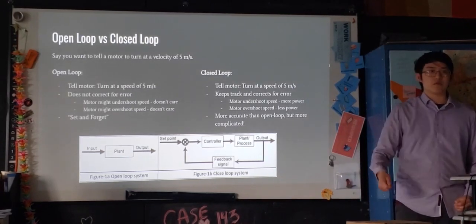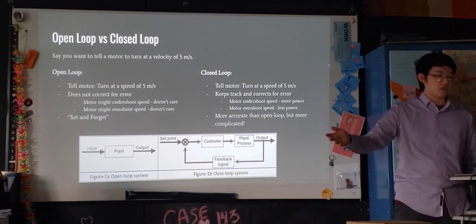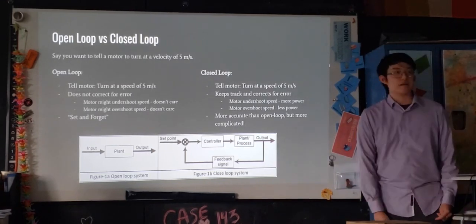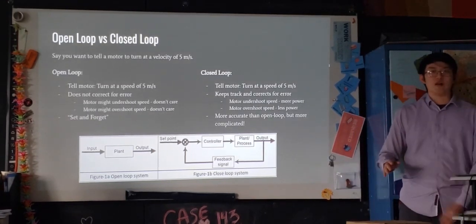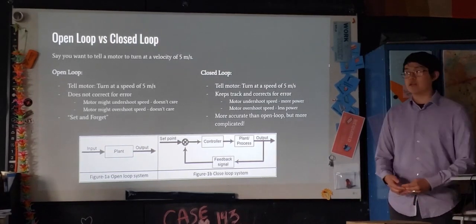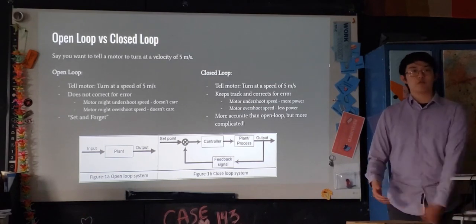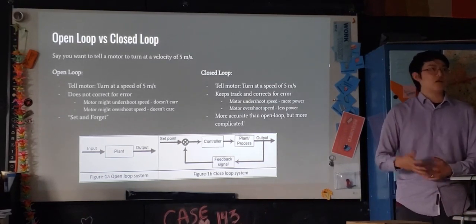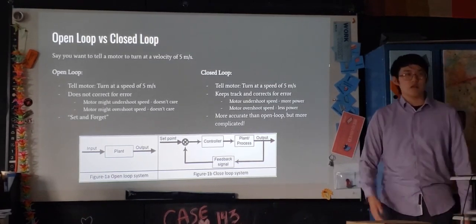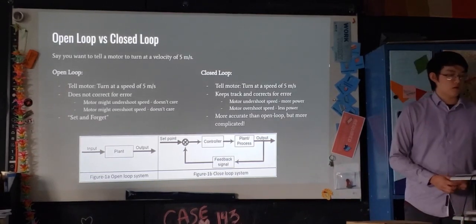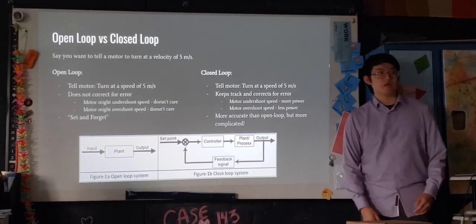It tells the motor to reach a velocity, turn at 5 meters per second. But it doesn't correct for any error. And as a reminder, error is the difference of where you're supposed to be, which is 5 meters per second, and where you actually are, aka the current velocity of the motor. So the motor might undershoot the speed.